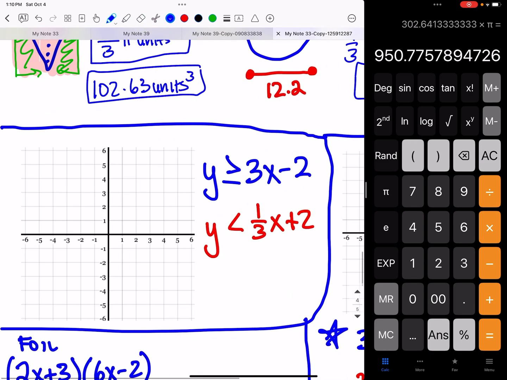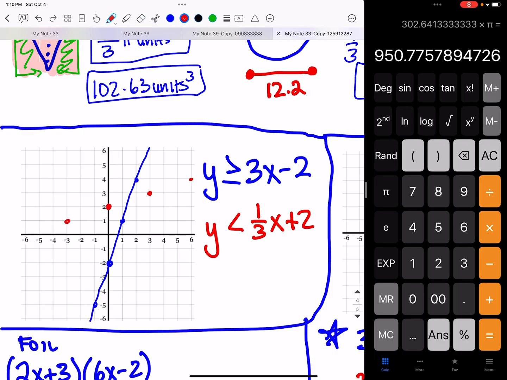All right, over here, 3x minus 2 would be right there. It goes up 3 every day. This is greater than or equal to, so I'm going to use the line, okay? This one starts off at 2. It goes up 1 every 3 days, so it'll be like that.